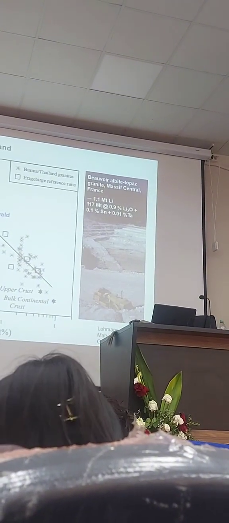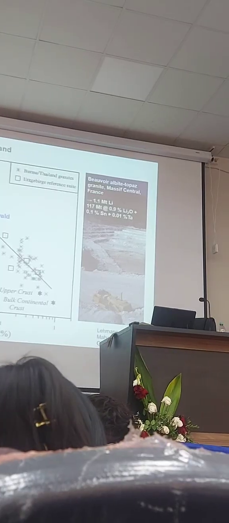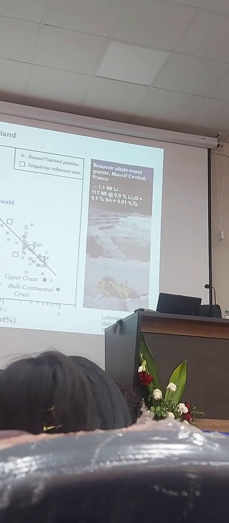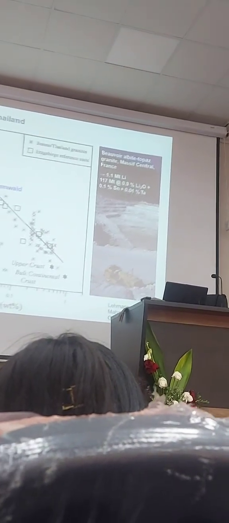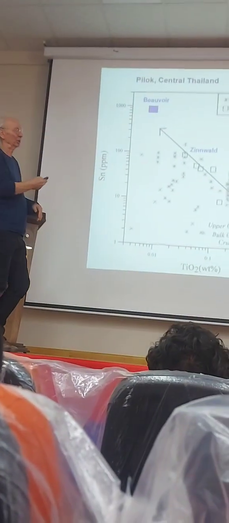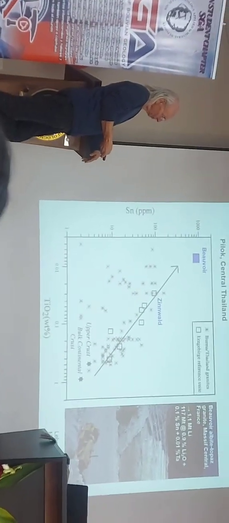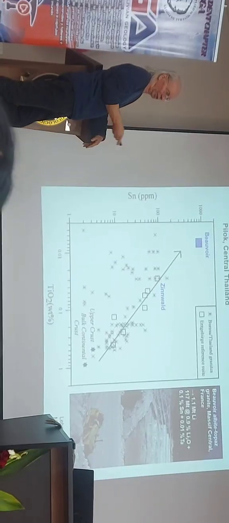Yeah, then I come back here to my favorite, the tin versus titanium plot. You see here, this I now call the reference line. And you see again here this situation of the scatter field. So there is just tin missing. That's it. This was a paper in Geology in 1987.